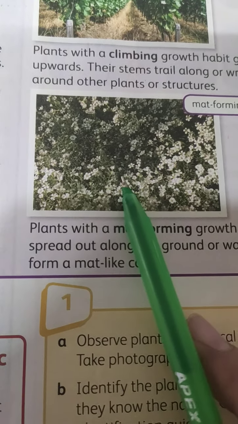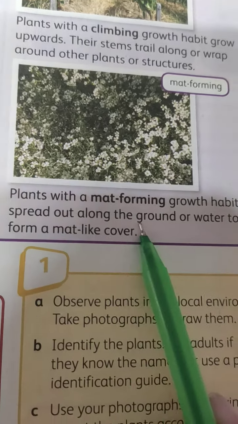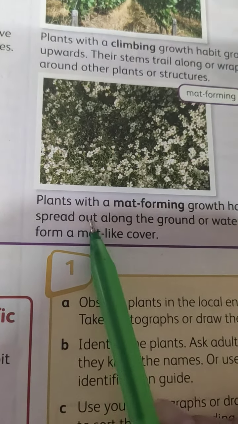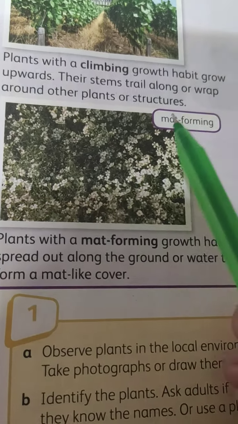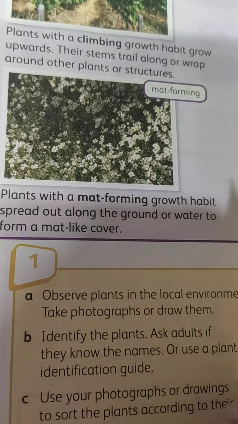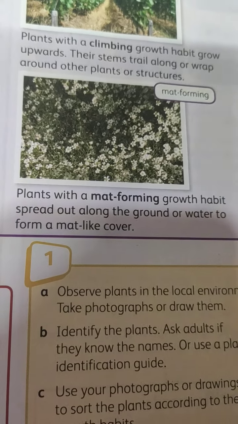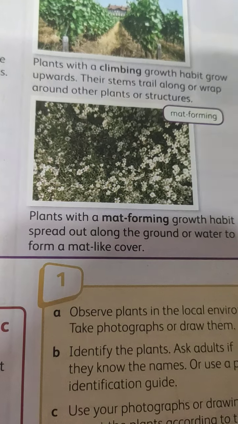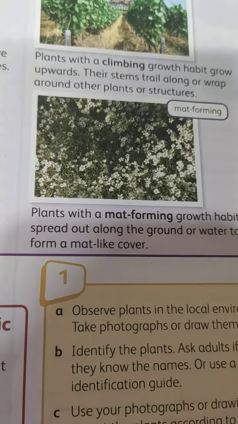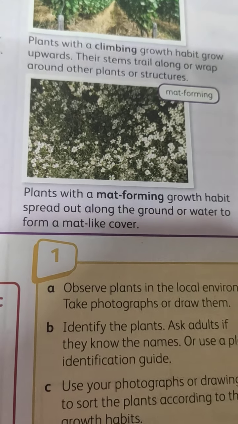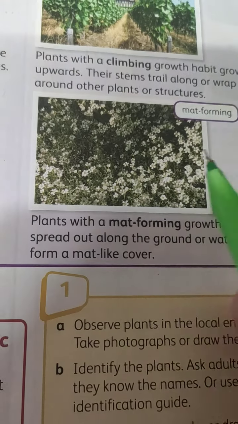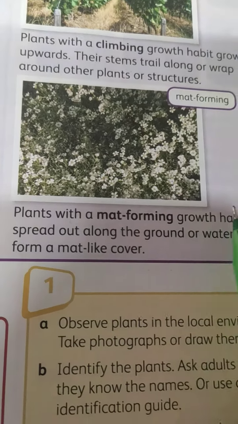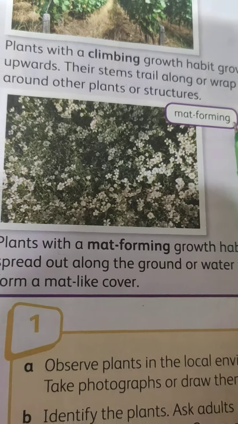So the plants which grow along the ground, जो ground की तरफ बढ़ते हैं mat की तरह, have the growth habit mat forming, मतलब mat बनाते हैं वो. And we can say, like water flows in a river, it is moving like a mat, मतलब अगर वो स्टिल हो जाए तो that looks like a mat. So in the same way, some plants have this kind of growth habit, that is known as mat forming.